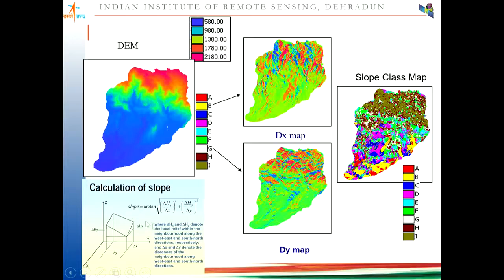The formula uses the x direction difference and y direction difference of height, and the arctan of that is calculated, so you are able to calculate the slope map. If there is a 45 degree slope, it will generate 100% slope, because tan 45 degree is equal to 1, or 100% slope.